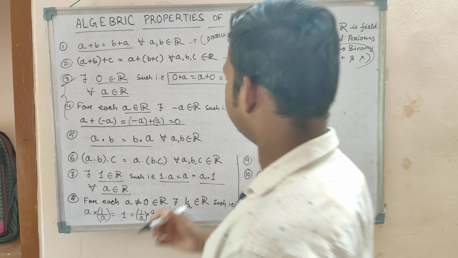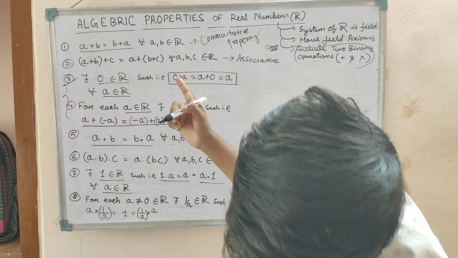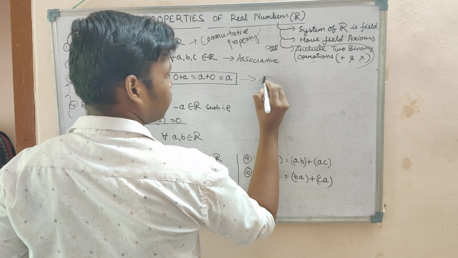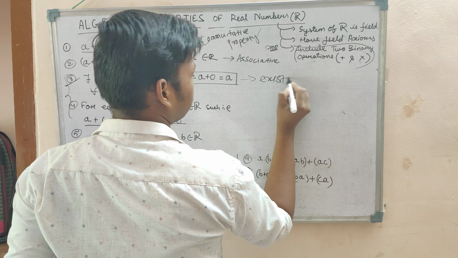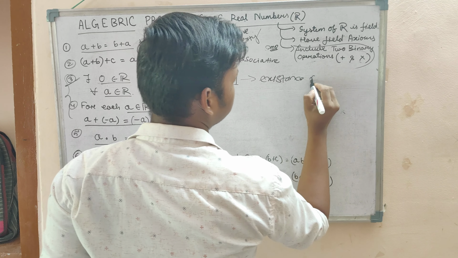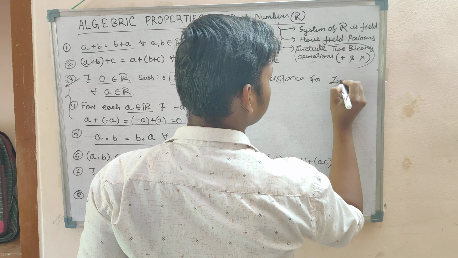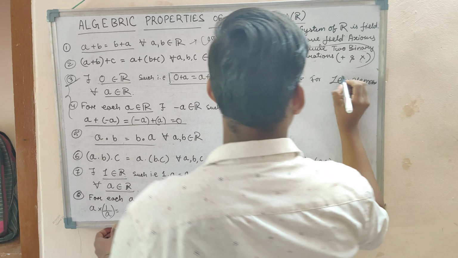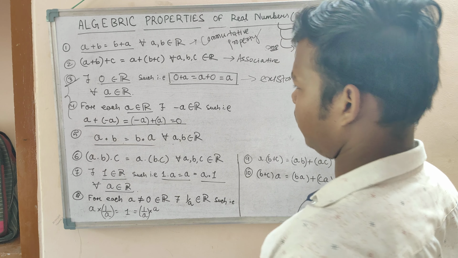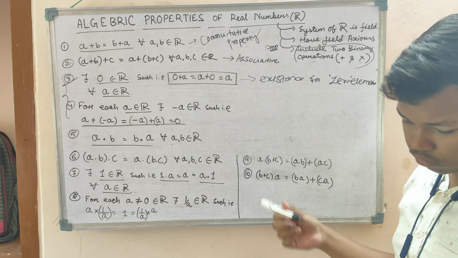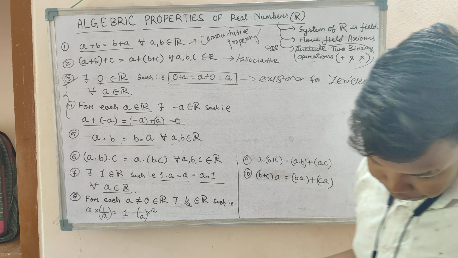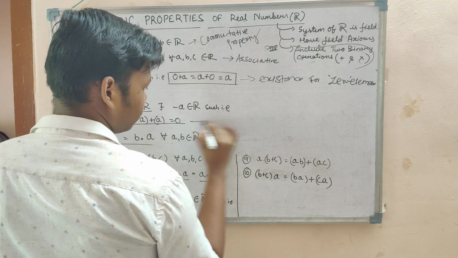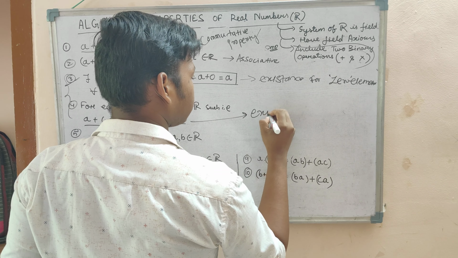Then the third one is existence of zero element. Then the fourth is existence of negative numbers.